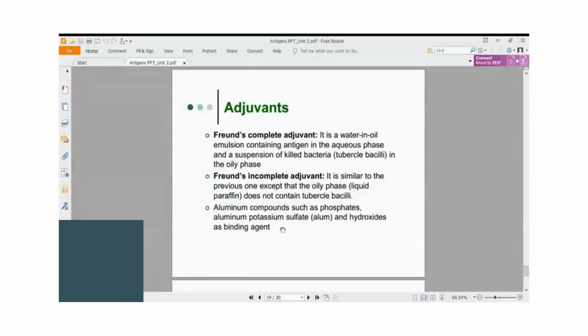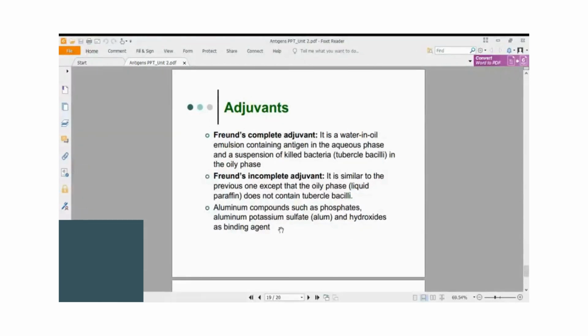Now that thick milky suspension is injected into the person to immunize the person, and one can choose the intramuscular route. The adjuvant vaccines are not administered through the intravenous route. It is very dangerous. It will cause rupture of capillaries because it is a very thick emulsion. It should not be administered through the intravenous route.